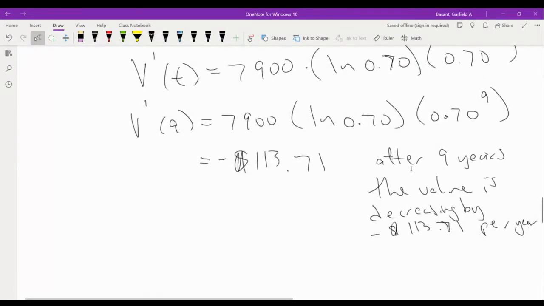All right, part C says, when will the salvage value of the office machine be half the purchase price?